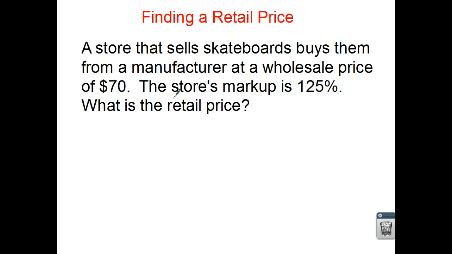Okay. Well, I always like to start using my brain first. I see that I have a cost of $70 and it is going to go up by more than 100%. So, if you're just thinking, $70 has to go up, 100% of it would be at least another $70.